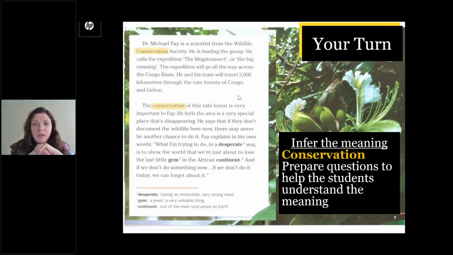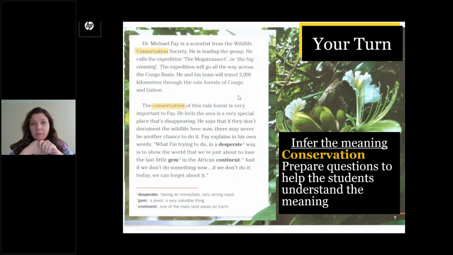About conservation. What can be done to save the forest? Taking care of something. Yeah, maybe we can ask to find in the text a synonym of taking care. What can we do with nature for the next generations? What can we do, maybe to save it for the next generations, right?